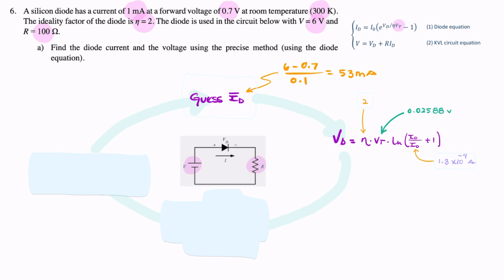That's our VT, thermal voltage. So now everything in this equation is given except ID, where we're going to use our guess.